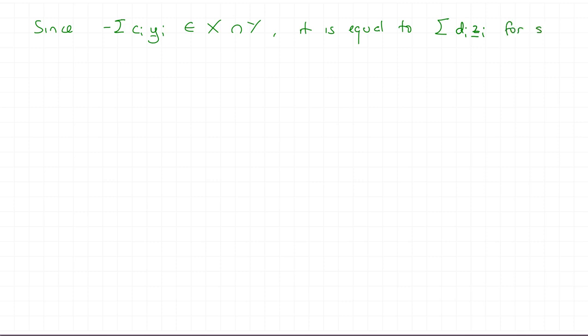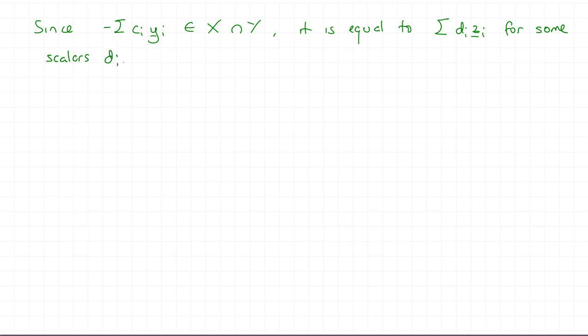So since the right-hand side, which was minus the sum of the ci yi's, is in X and in Y, so it's in the intersection, we can write it as a linear combination of our basis for X intersect Y. So it's equal to some linear combination, let's say the sum of di zi.